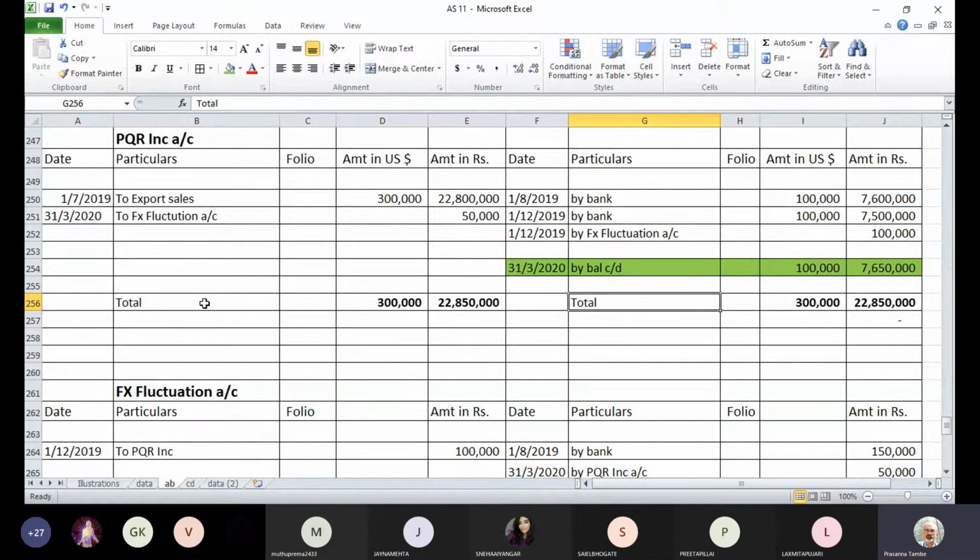Correct. 76.5 is the answer. Yes, you should get the year-end rate. Your year-end outstanding in rupee terms is 76.5 lakhs. Dollar-based outstanding is $1 lakh. If you divide rupee-based outstanding by US dollar-based outstanding, you will get a rate of 76.5.